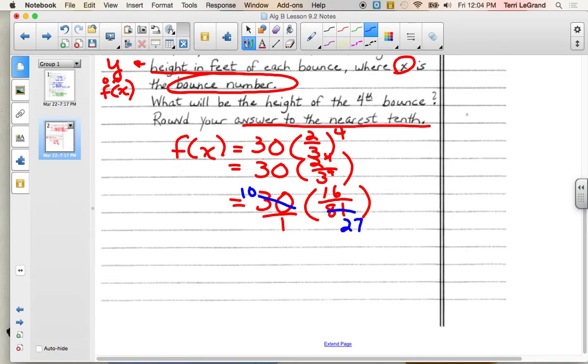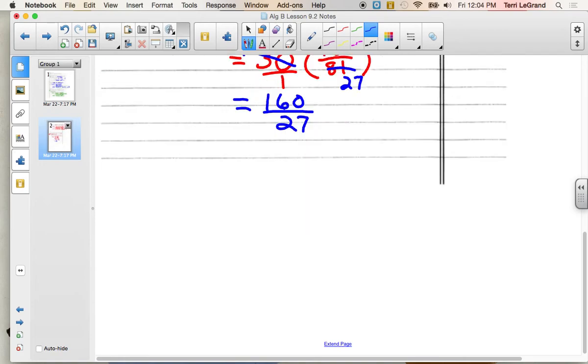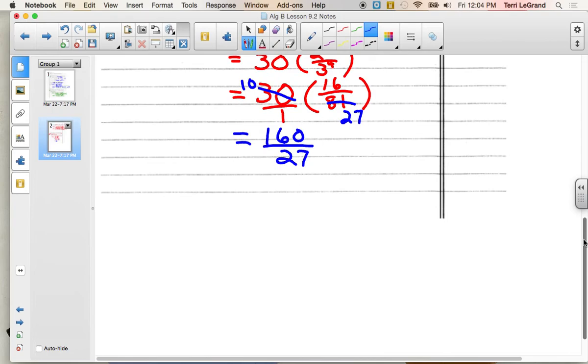Okay, now we're going to keep going. 10 times 16 is 160, over 27, 1 times 27. Now we divide that out, and we'll say f of 4 is approximately equal to, rounded to the nearest tenth of a foot.